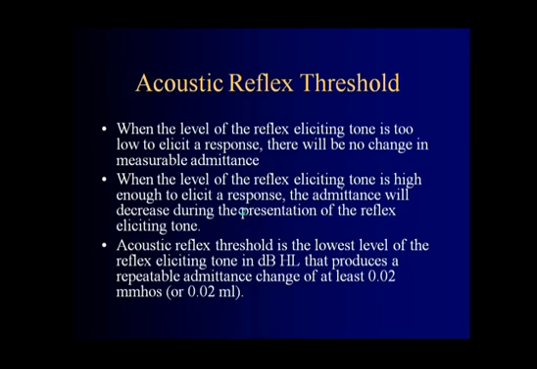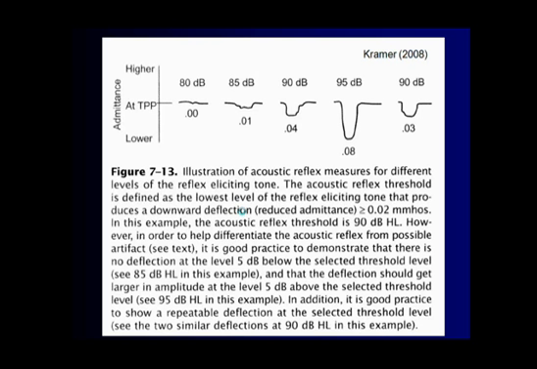Acoustic reflex threshold is the lowest level of the reflex eliciting tone in dB HL that produces a repeatable admittance change of at least 0.02 millimhos or 0.02 milliliters. So this is from figure 7.13 of the Kramer text. And in this diagram, you can see the y-axis is admittance, and the x-axis is actually time, though we don't have the time labeled here.